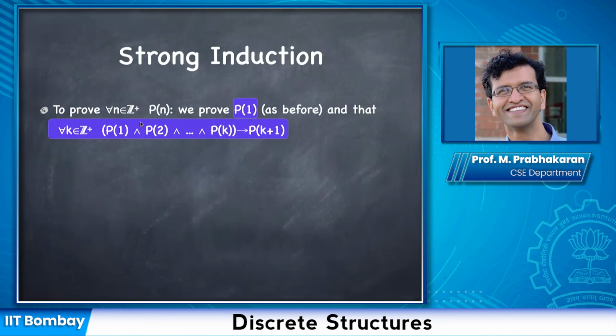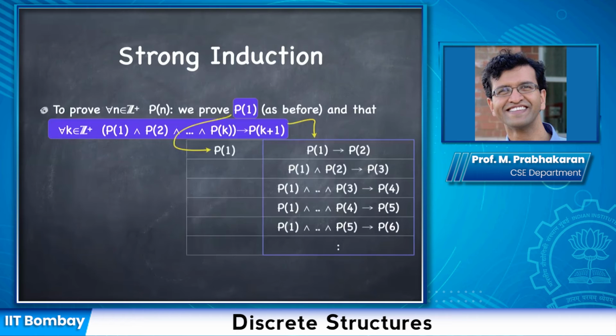So you get to assume more things to prove Pk plus 1. So it should make your life easier, right? Of course, you can ignore these other things and just prove Pk implies Pk plus 1, but it gives you the extra flexibility of being able to refer to all of these and derive Pk plus 1 from that.